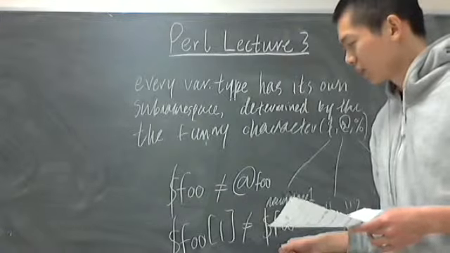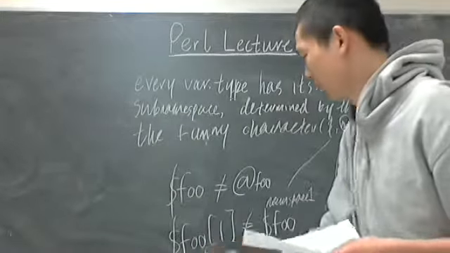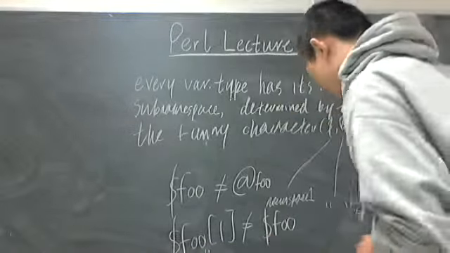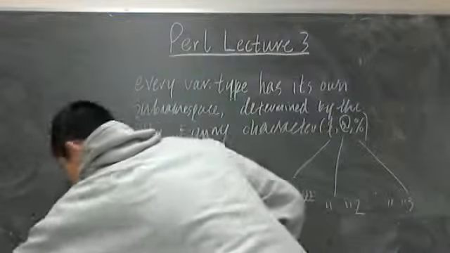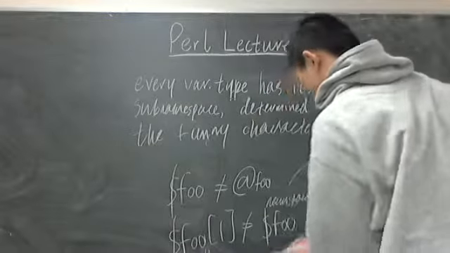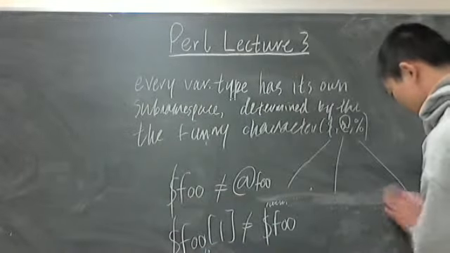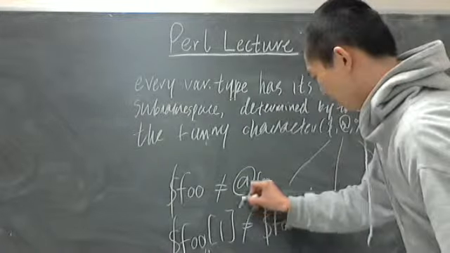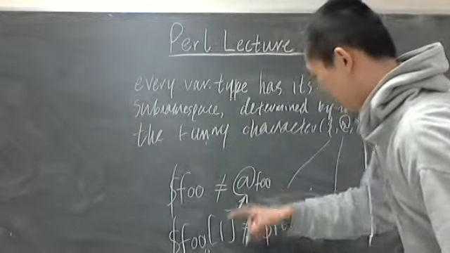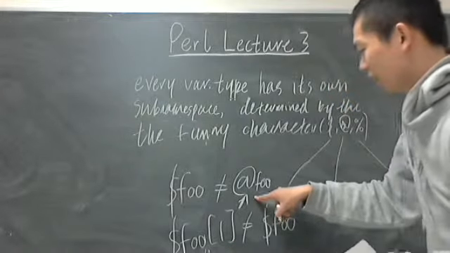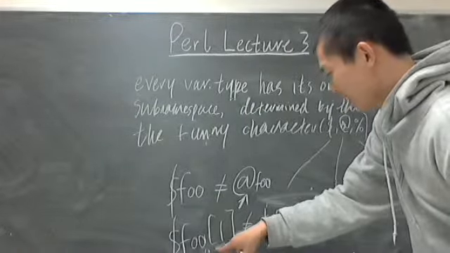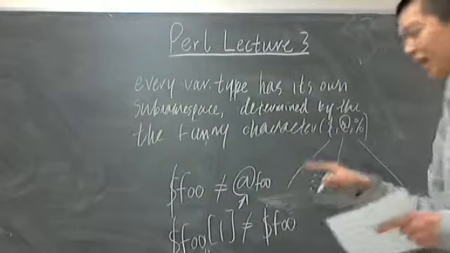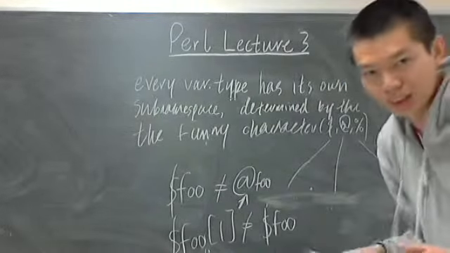This is an element of the array. You can't see that, but let me erase some stuff. This array element is within this array. I think you already know that, but I just want to make sure.